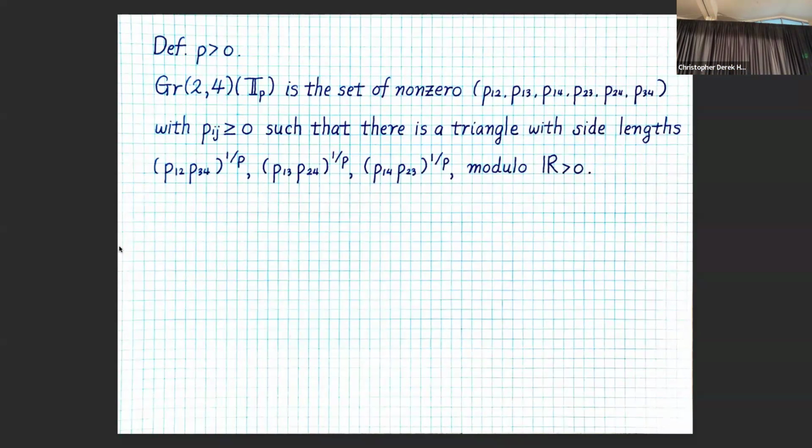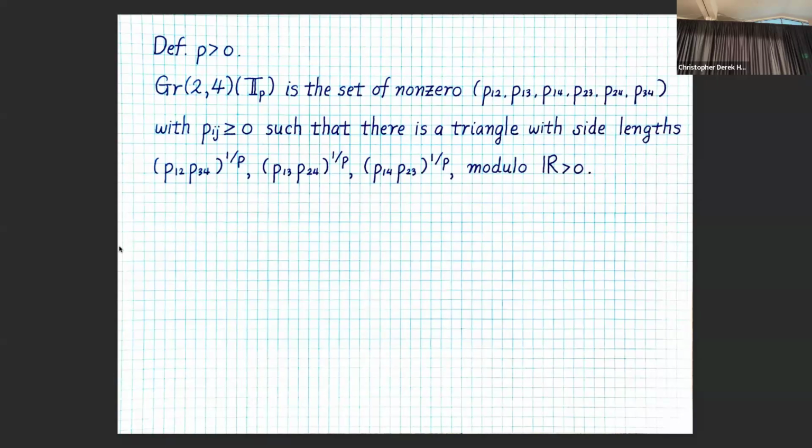Gr(2,4) over TP is the set of non-zero 6-tuples Pij such that there is a triangle with side lengths (P12 times P34) to the 1 over P, (P13 times P24) to the 1 over P, and (P14 times P23) to the 1 over P, modulo scaling by the positive real numbers.